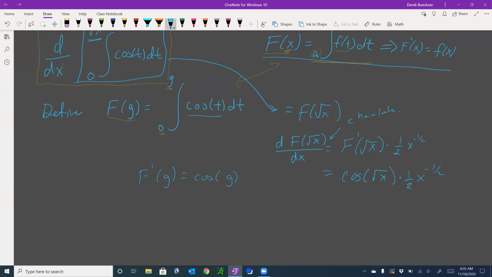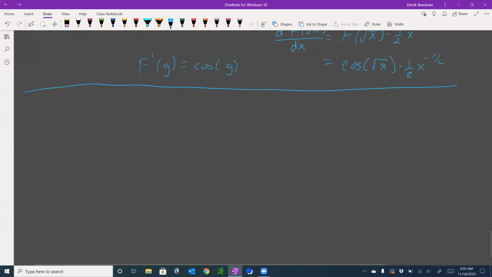Let's do another one. Say I want to find d/dx of the integral from x to x squared of, let's do e to the x dx.